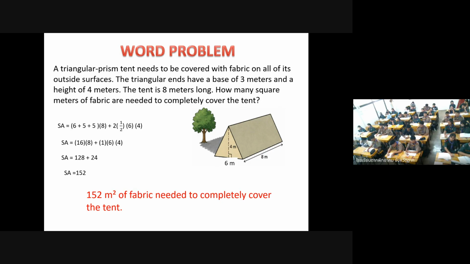The area of a triangle is 1/2 base times height, but we have 2 bases in this triangular prism. So we have 2 times 1/2 base times height, and then cancel, so we only have 6 times 4. That's why we have 24. And the lateral area, this is the answer. So the answer is 152.